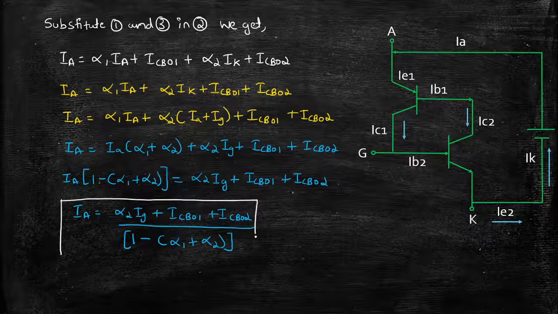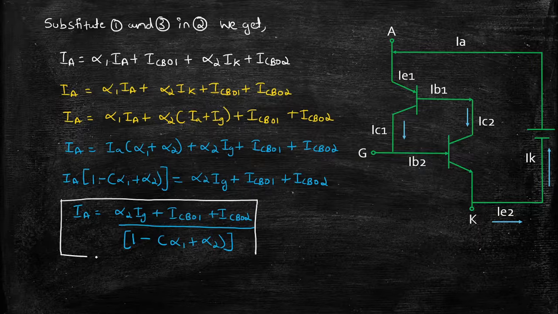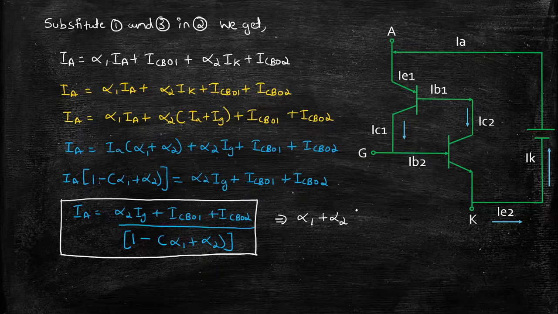This expression is very important. You might be asking, why is this important? Because based on this expression, we will be deciding various turn-on methods with respect to SCR, which will be covered in my next video. But from this expression, one basic thing that can be understood is, if alpha 1 plus alpha 2 is equal to 1, what will happen?